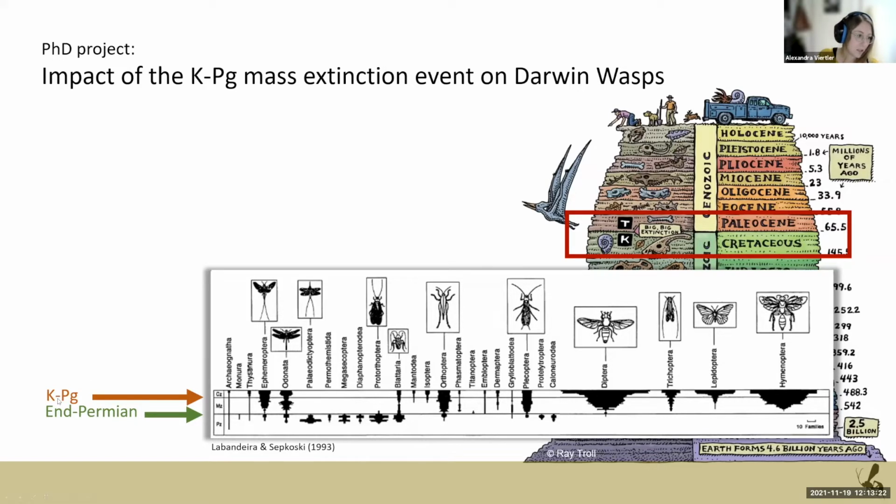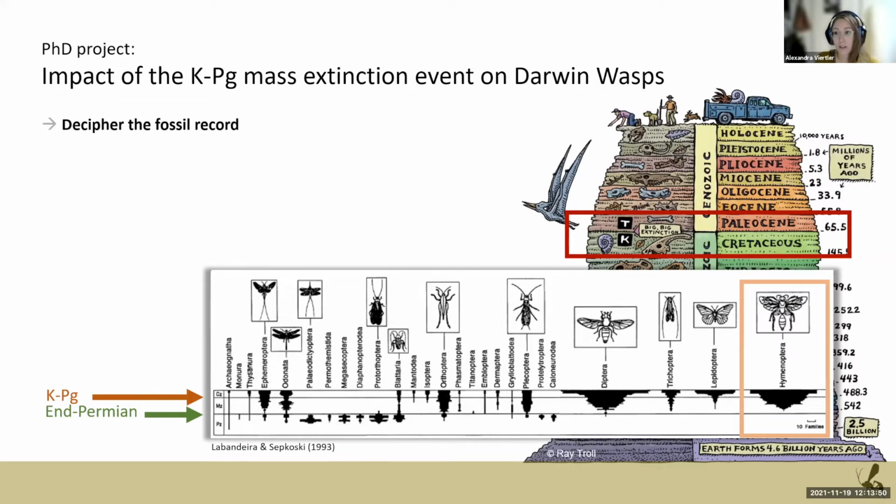You see here the orange bar indicating this event, and the Hymenoptera on the right side. There's not much change during this event. But this was based on family level. More recently, they found signs of extinctions in some subfamilies. So that's what I will try to find out in Darwin wasps.